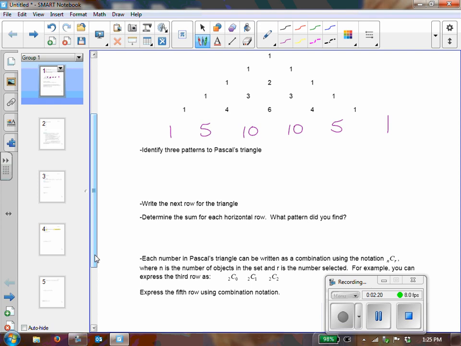Something even more obvious: all the ones are on the outside. So the second diagonal is consecutive numbers.